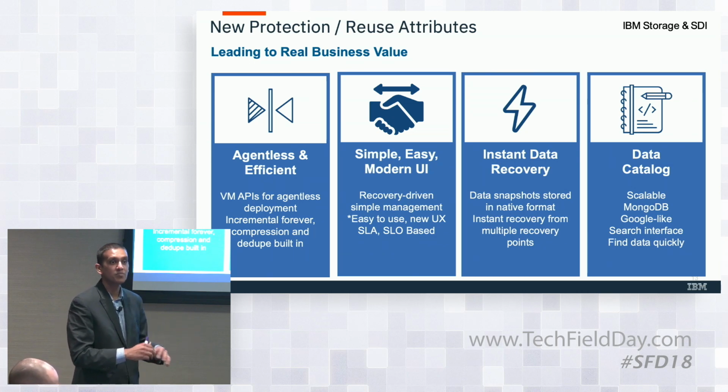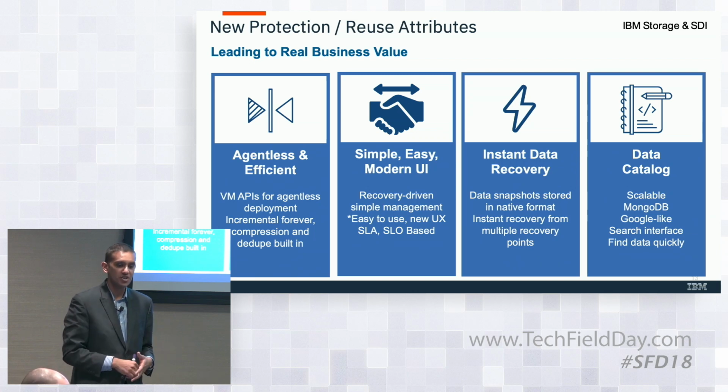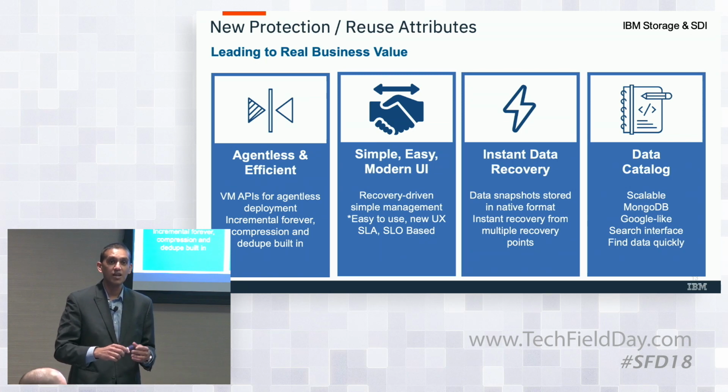So for VMware, it's completely agentless. We just use credentials and use VMware's APIs. For applications, we still inject a lightweight agent, but that's, again, managed by SPP. Users don't need to keep track of anything to install. They don't have to do patch management. All that is managed centrally by the Protect Plus product itself.